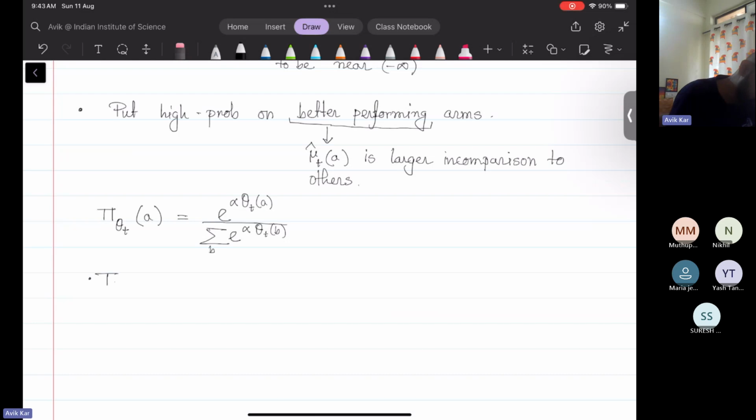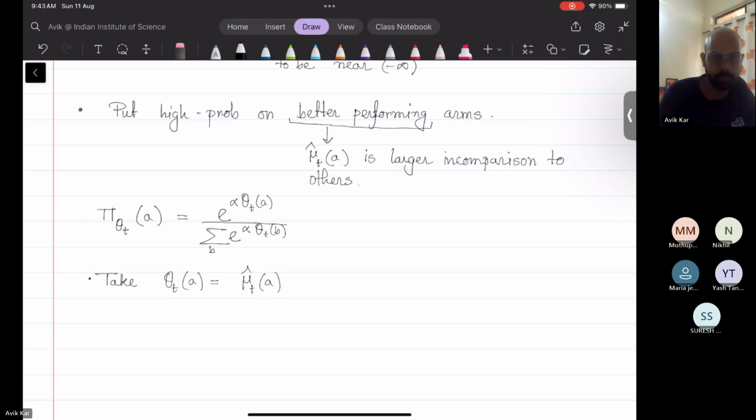The idea is very simple: take theta t a equals mu hat t a. That's it. Very simple idea, right?